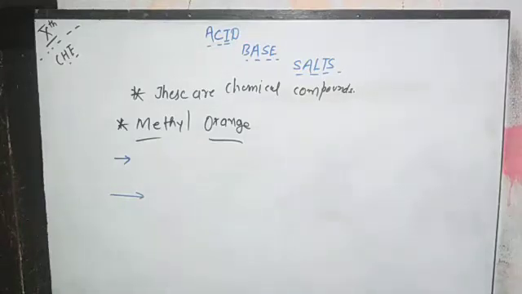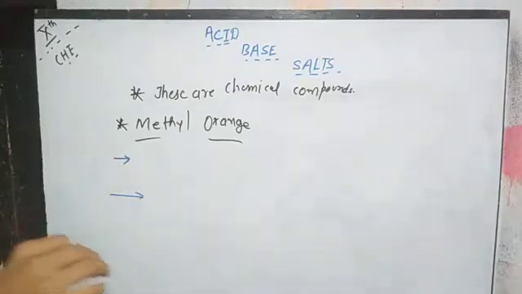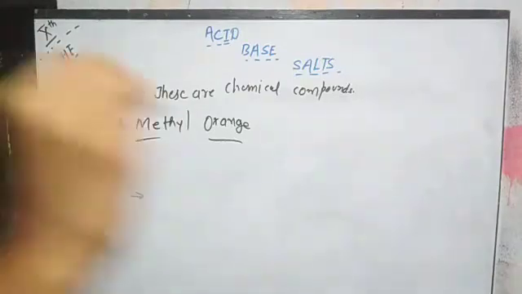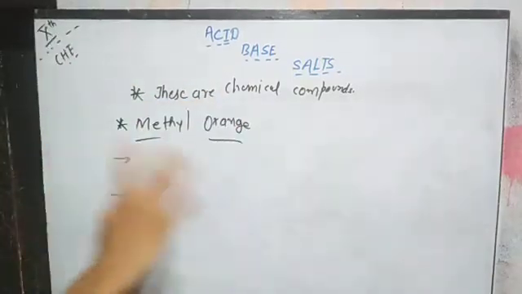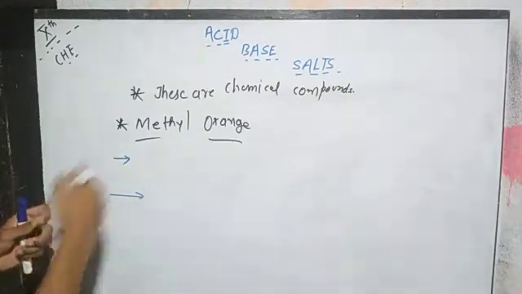Whenever we put an acidic solution on methyl orange, its color changes into red. Now look here. As I told you one formula that we need to remember regarding ABR and BRB, now here as well we need to remember one thing.